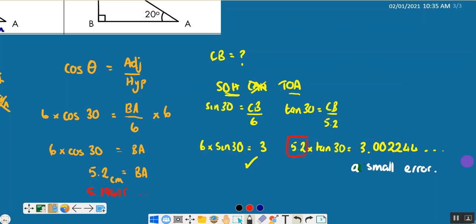An error is where it's slightly different from what it should be. So it's not wrong, but because we rounded it, we introduce what's called a rounding error. We've done nothing wrong, there is no mistake, it's just slightly off.